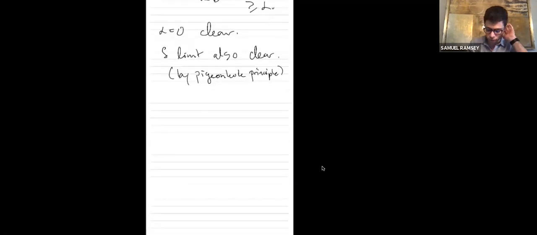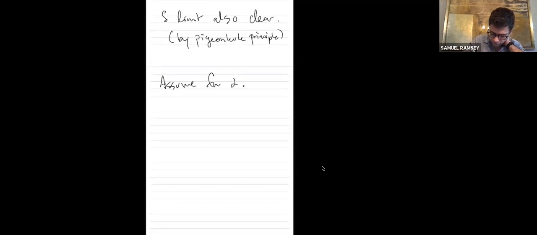Okay, and so the real work happens at the successor stage. So what do we have to do? We have to prove that, so assume it for alpha, and suppose that this disjunction, I less than K of Cix, K, is at least alpha plus 1.